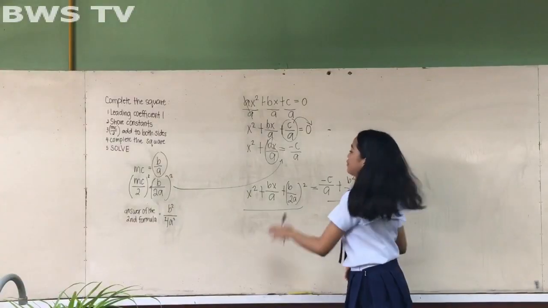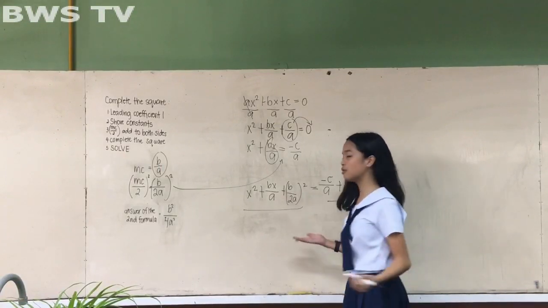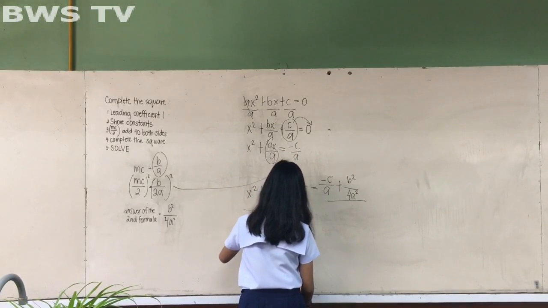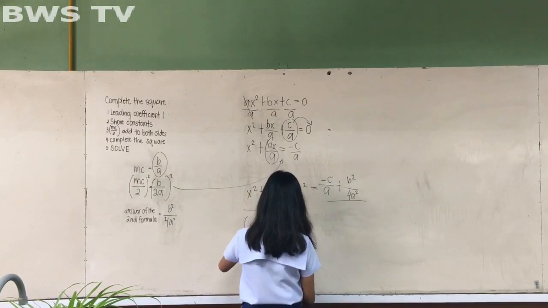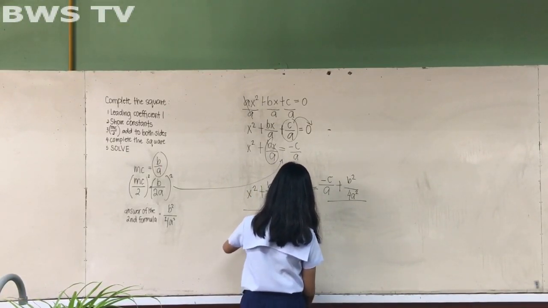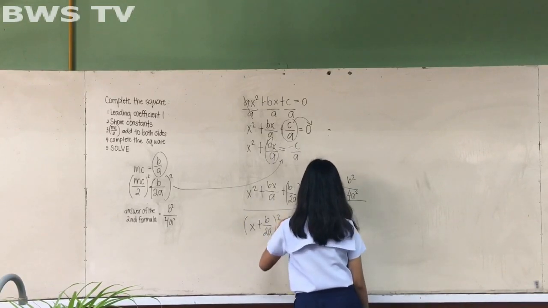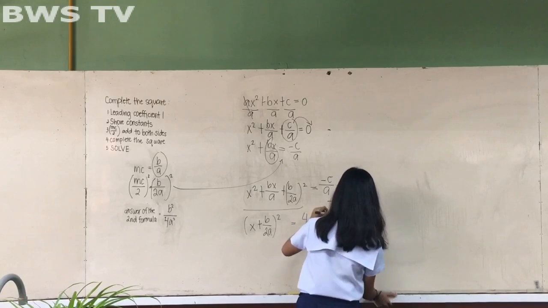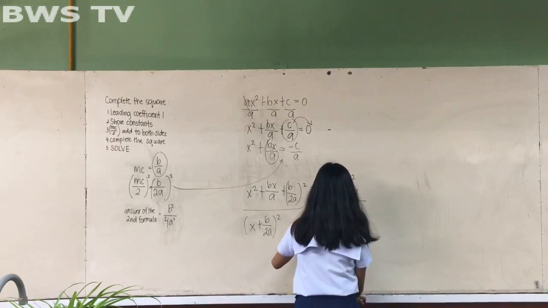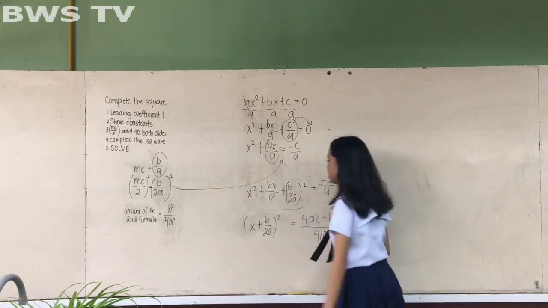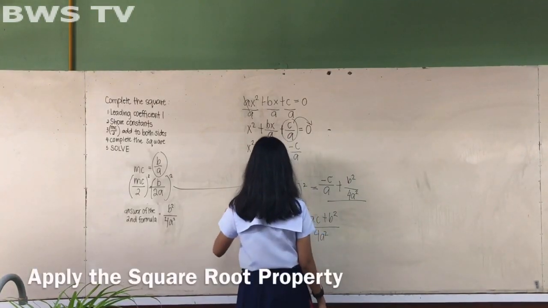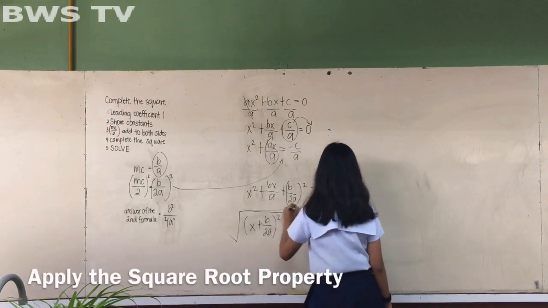The answer for this, if we combine them, is x plus b over 2a squared is equal to 4ac plus b squared over 4a squared. Then we are going to go to the square root property. We are going to take the square root of both sides.